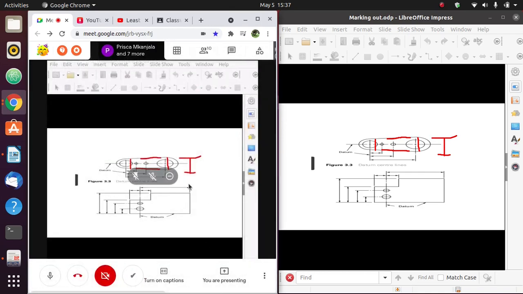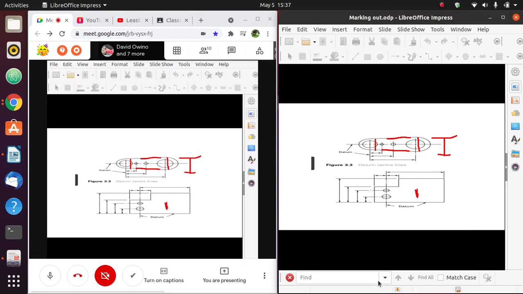Now, since we don't have latitude and longitude in our workpiece, then coordinates are what we use to determine the points. For example, if I was to take this point, how will I know the position of that point?